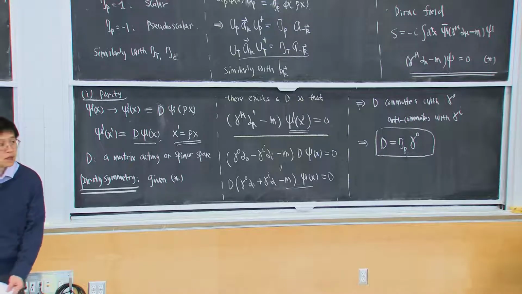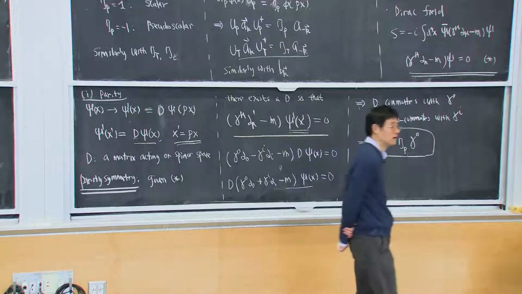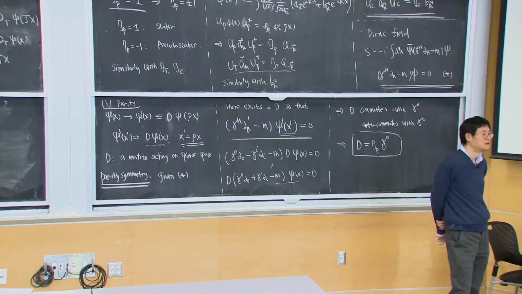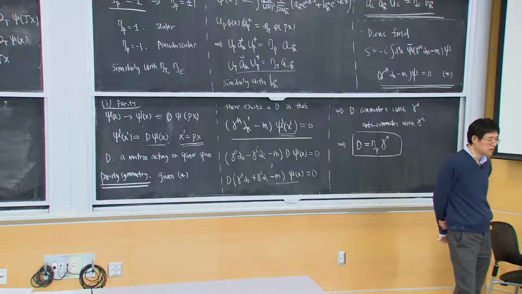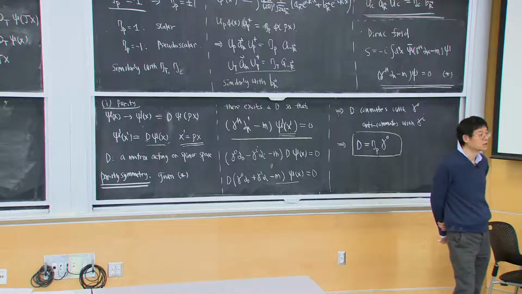Okay. Yes? I don't know if this makes sense, but is it possible to have a situation where in one frame a quantity is conserved under a parity or time reversal transformation, but in a Lorentz boosted frame that's different? Or if it's conserved in one, is it conserved in all? If it's conserved in one, it's conserved in all of them, because the conservation equation is a covariant equation.